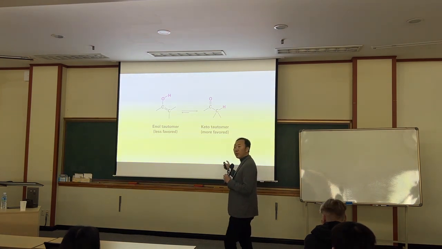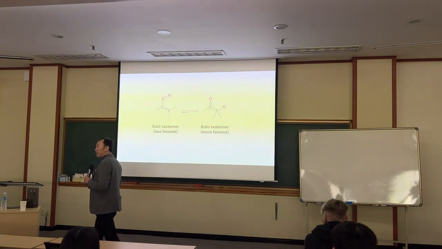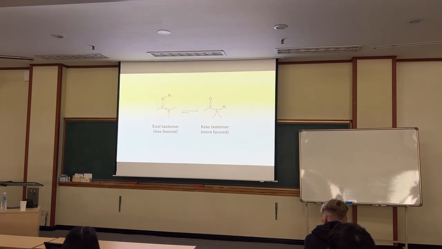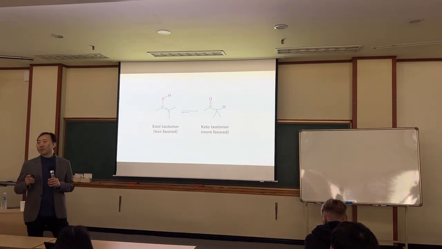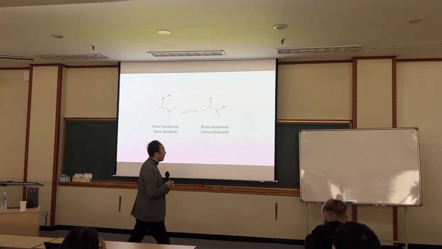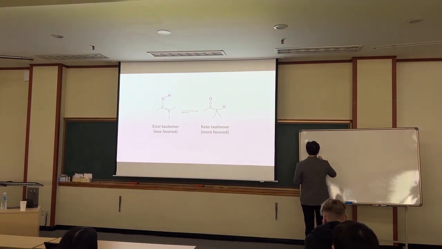What is the relationship between these two? Resonance, equilibrium. This is equilibrium. Why is this not resonance? This arrow means that this is equilibrium. The arrow can be drawn that way, or it can be drawn this way too.